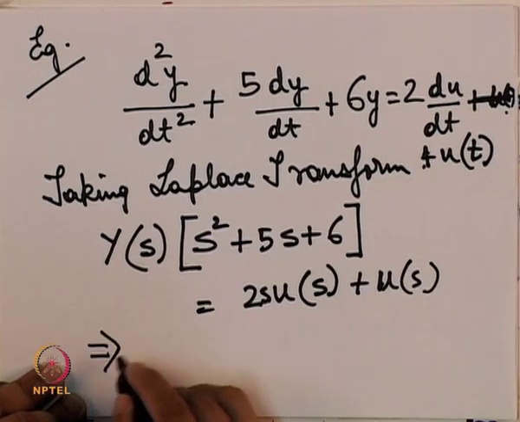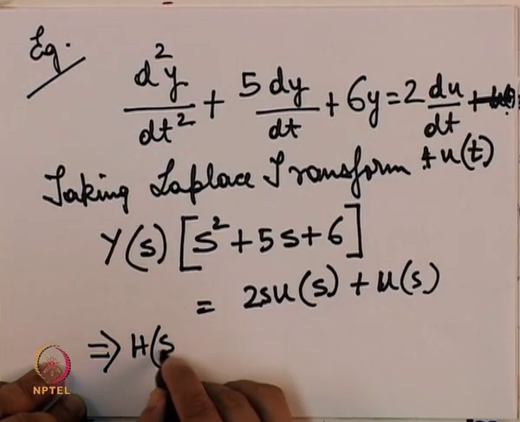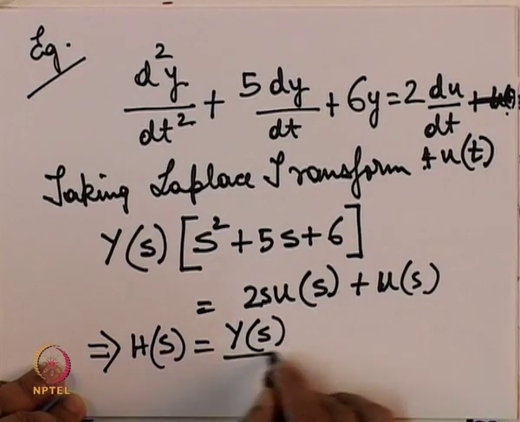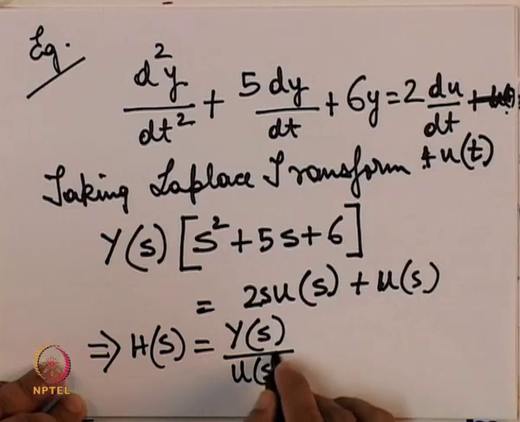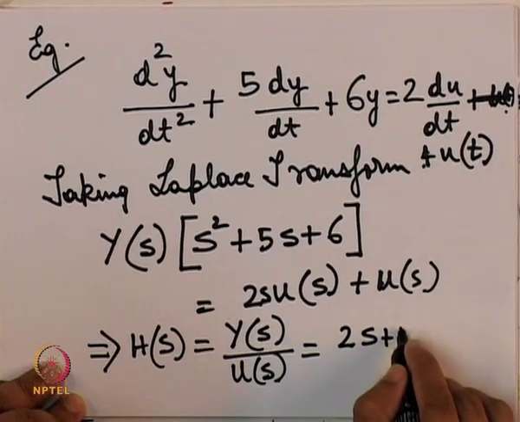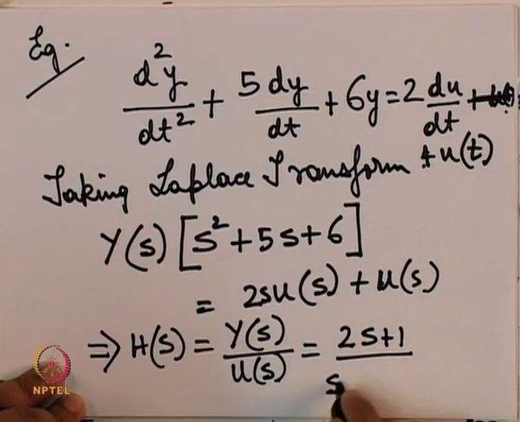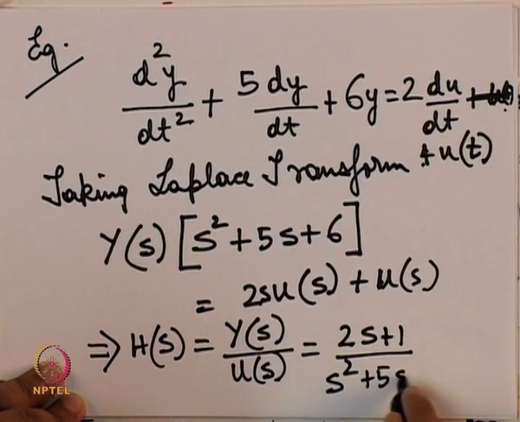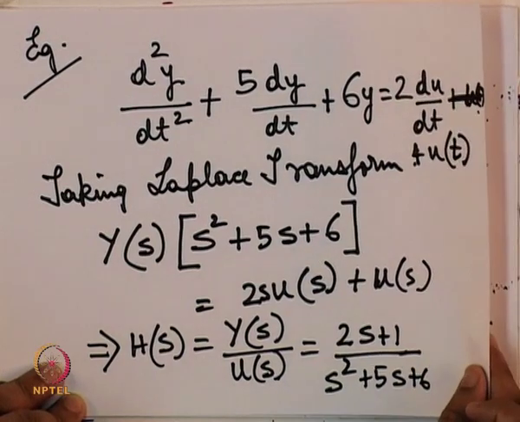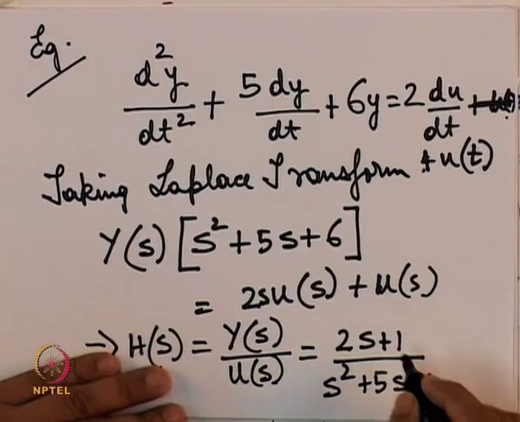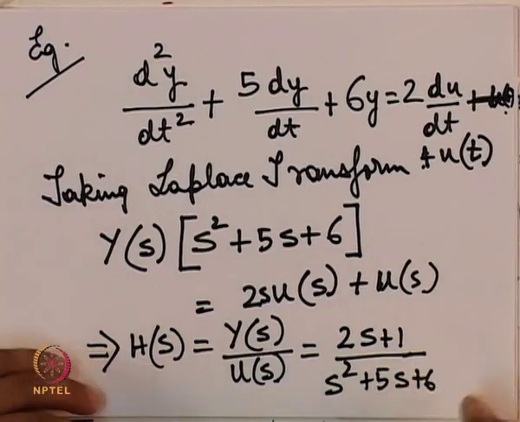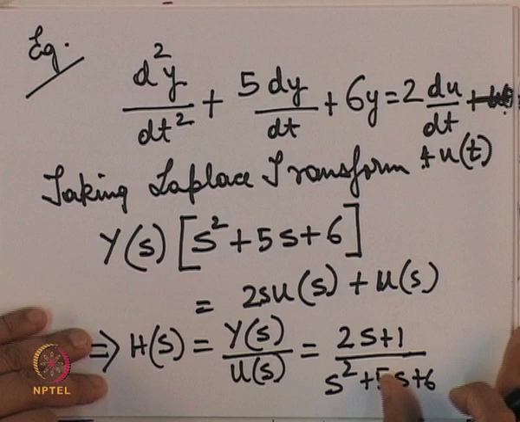Now the transfer function H(s), which is equal to Y(s) upon U(s), will be equal to (2s plus 1) upon (s square plus 5s plus 6). What are the factors in the numerator? The factor is 2s plus 1, which is a single factor. What are the factors in the denominator?